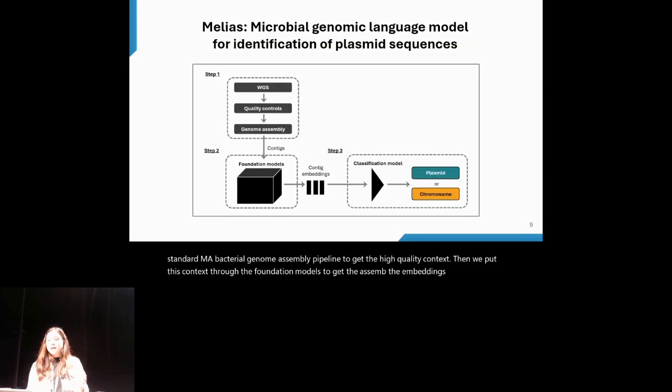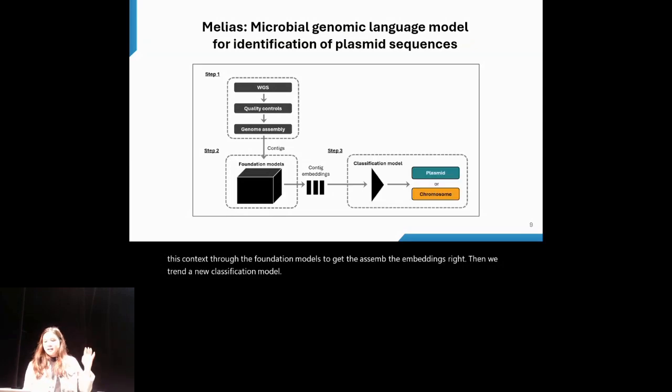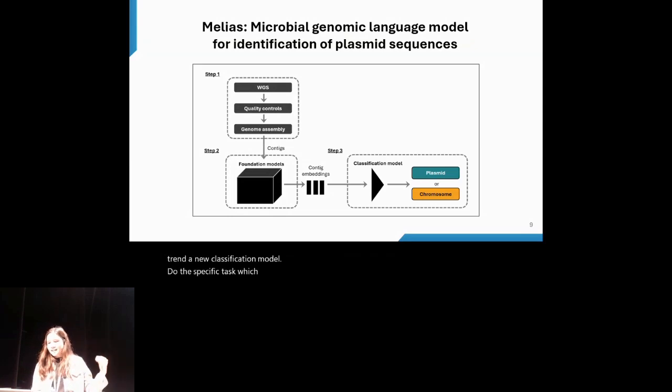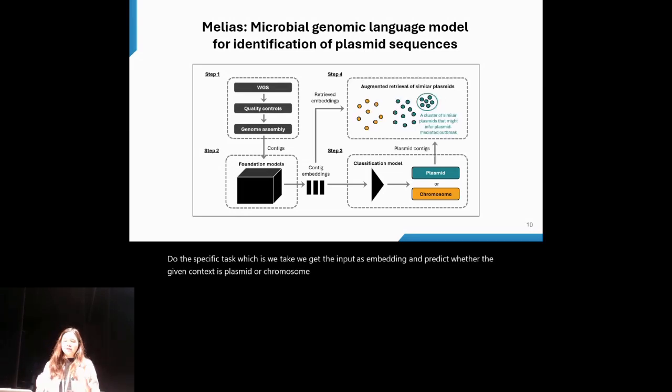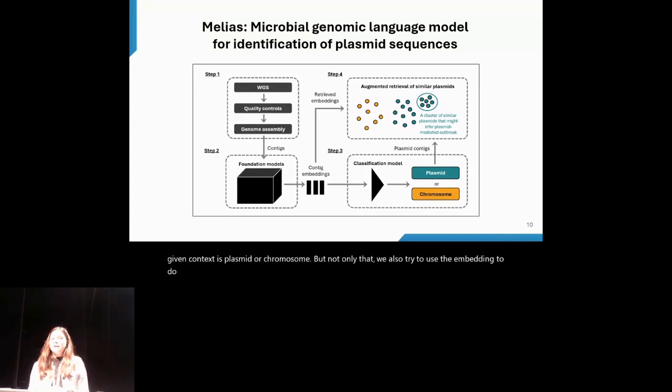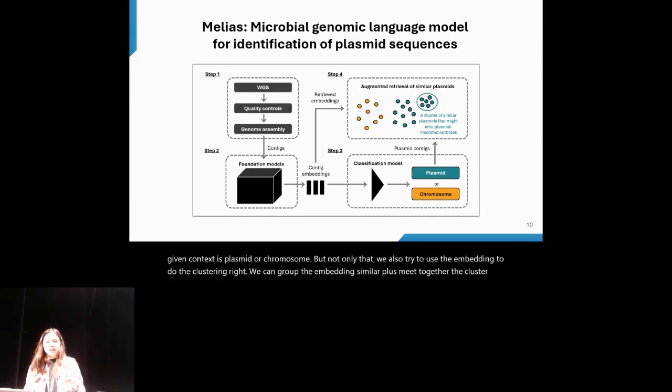Then we train a new classification model for the specific task, where we take the embedding as input and predict whether the given contig is plasmid or chromosome. But not only that, we also use the embedding to do clustering. We can group similar plasmids together. The cluster of similar plasmids can help us to flag plasmid-mediated outbreaks.